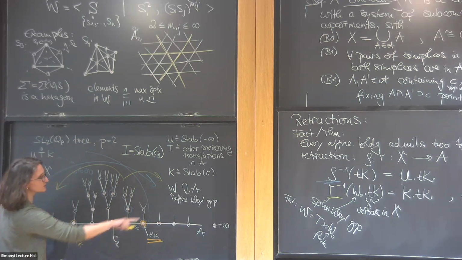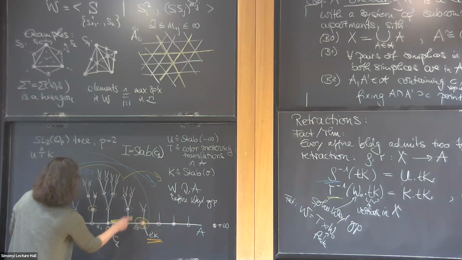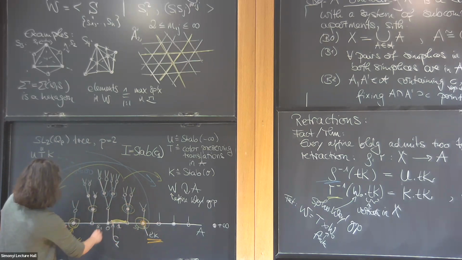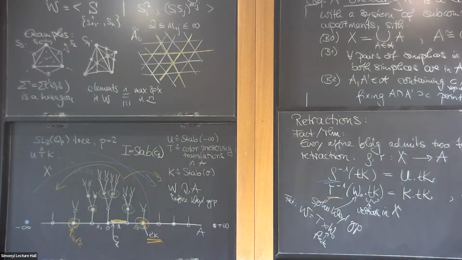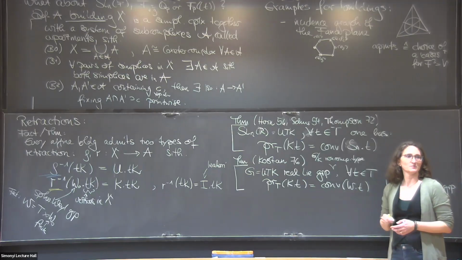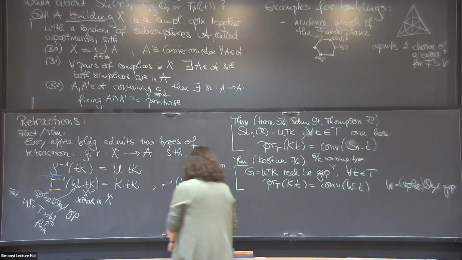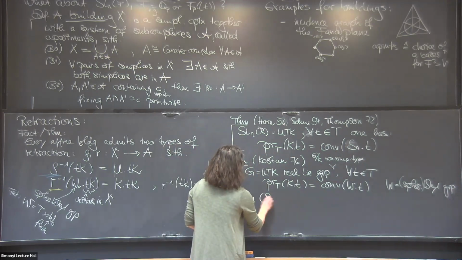If I apply it to the W0 orbit, I get these, also these, and then these as well. Okay? So they do intersect, which is what I want in order to come back to this question, but they're not the same.